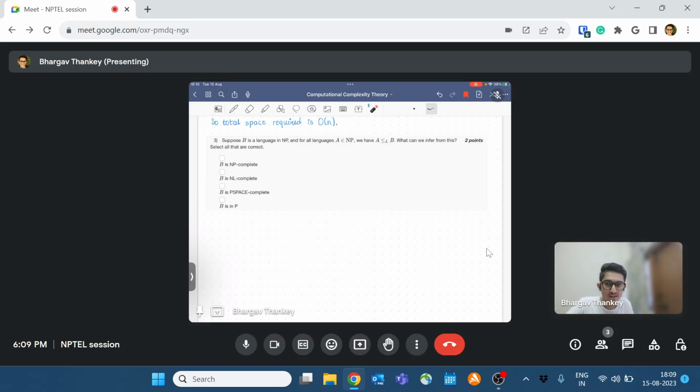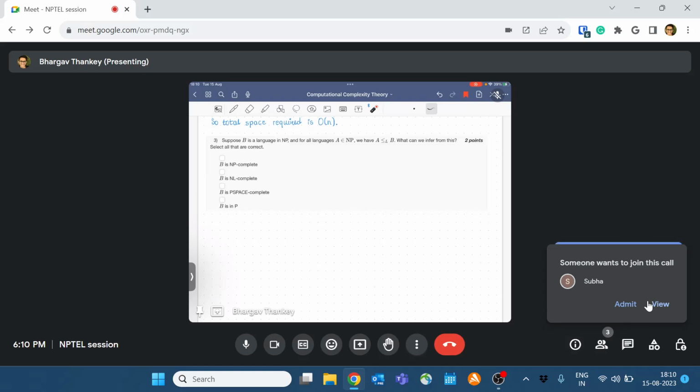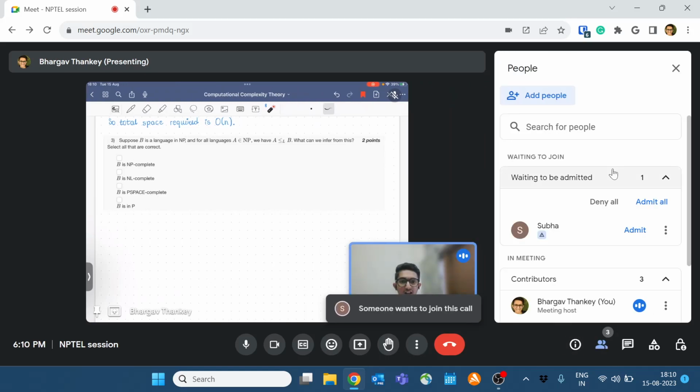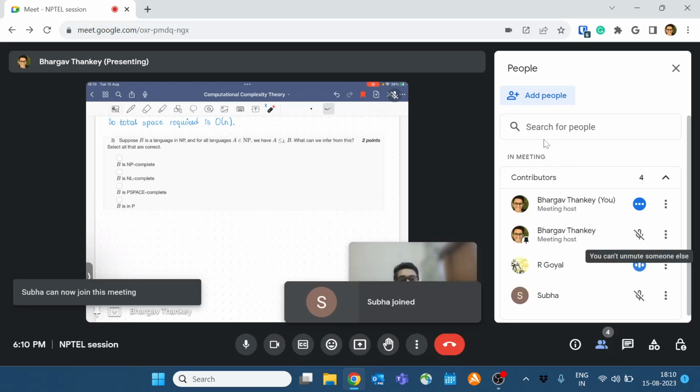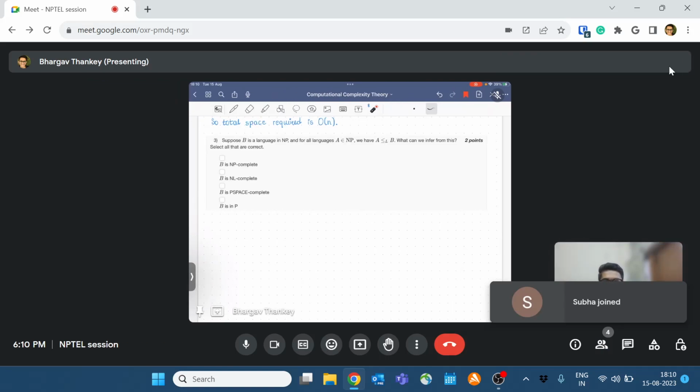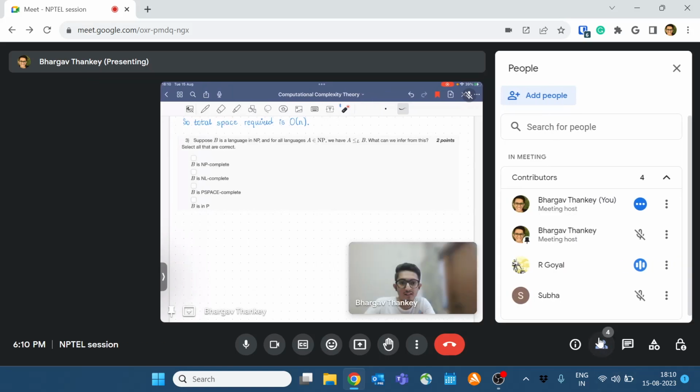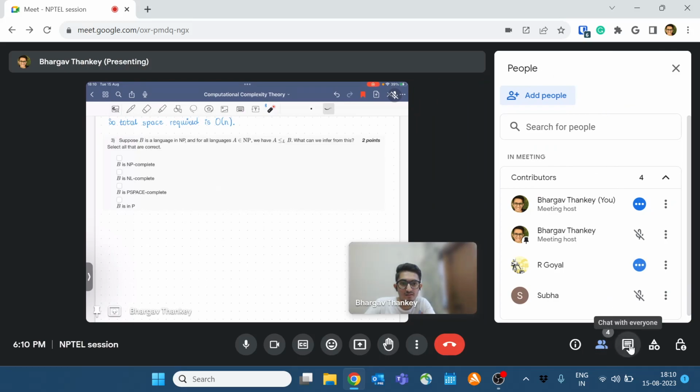If A is an element of NL and all those problems in NL are log space reducible to the problem B, then B is NL hard, but B itself should also be an element of NL to be NL complete. Right. But over here, B is an element of NP. Right. So now since it is NP, the problem is trickier now.